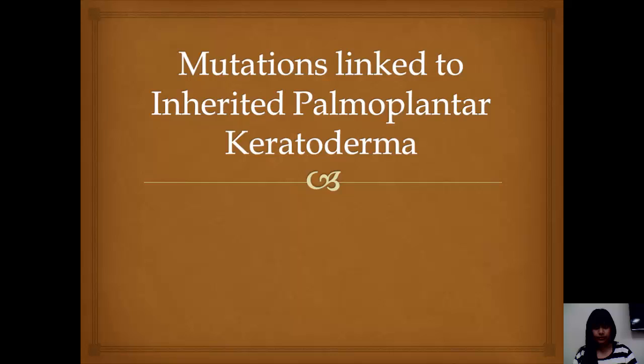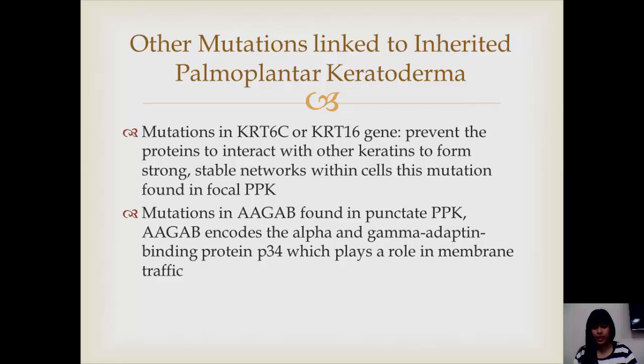I will now go to the mutations linked to inherited Palmoplantar keratoderma. I will mainly be focusing on the mutations linked to aquaporin 5, but I just want to mention that they have found other mutations linked to inherited Palmoplantar keratoderma. So mutations in the KRT6C gene and the KRT16 gene have been found in affected individuals with PPK.